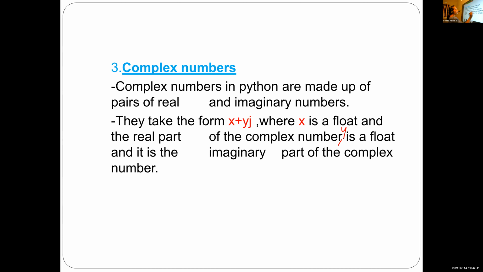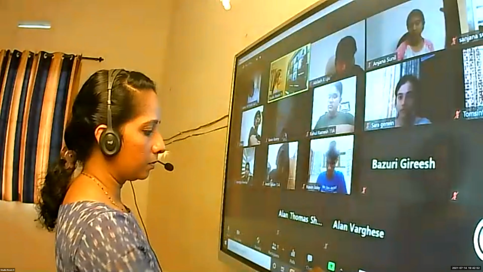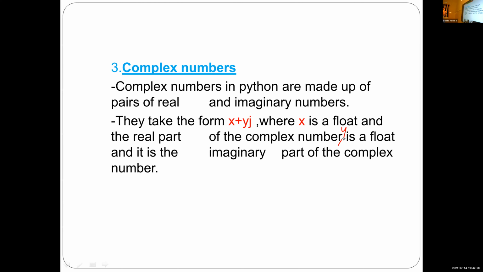Here y is a float and it is the imaginary part of the complex number. Okay. One second. Okay, write the definition of complex numbers.